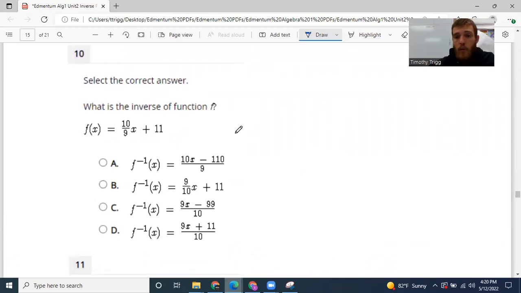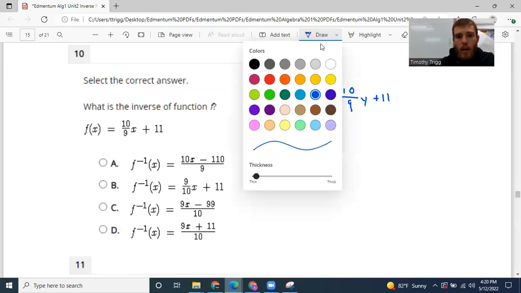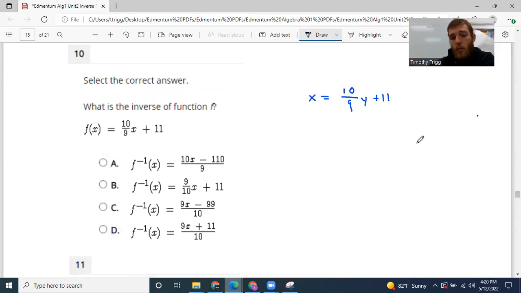Here we have our function. We want to find the inverse. Okay, pretty straightforward. Here, replace f of x with x. Here it has 10/9, and I'm going to replace x with y. Now, again, my goal here is to get y by itself. So my first step perhaps will be to multiply by 9.